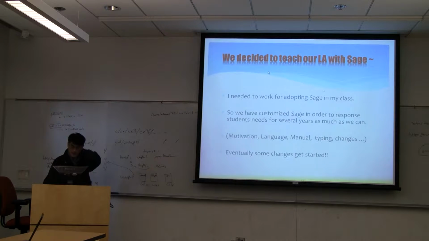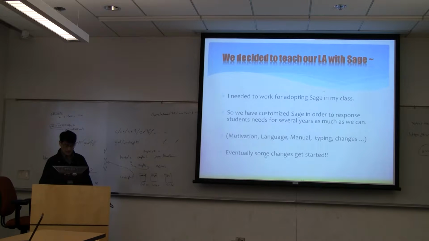So after we got things settled down, we decided to teach our linear algebra class with Sage. But I still needed to work on adopting Sage in my class. So we have to customize Sage in order to respond to student needs as much as we can.